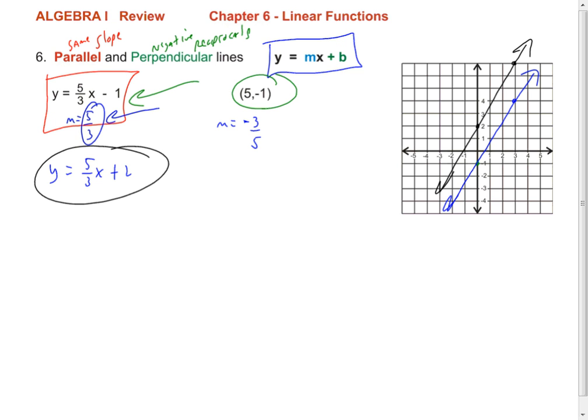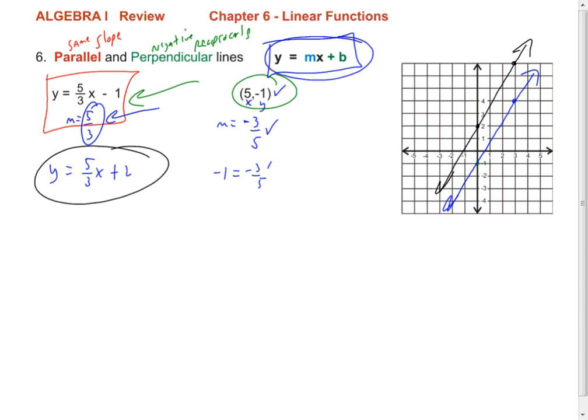Notice what we have now. We have the slope and we have a point. Can't we then therefore find the b value? We just did that a couple times when we were writing the equation of the line. So I'm going to take y equals mx plus b. Remember, the 5 is the x and the -1 is the y. Where the y is, I'm going to stick in the -1. Where the m is, I'm going to stick in -3/5.